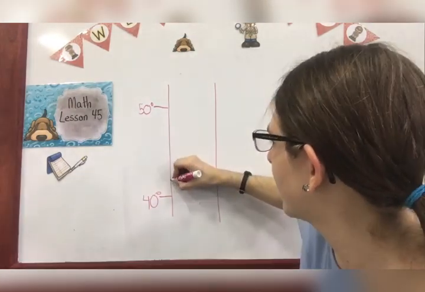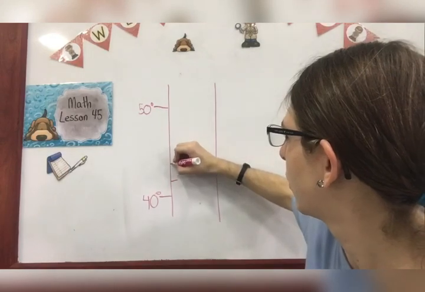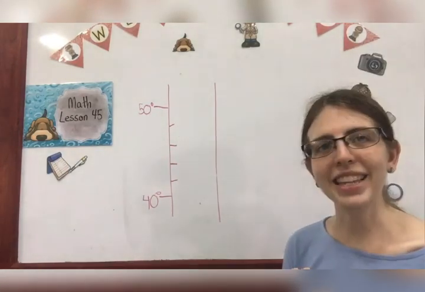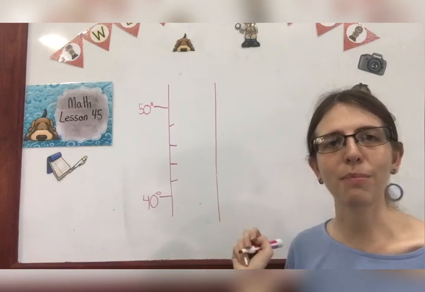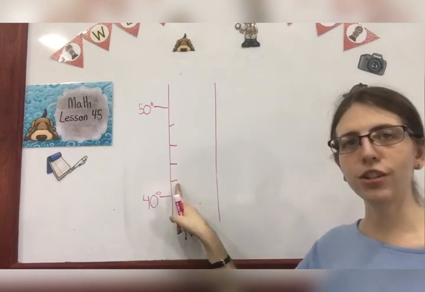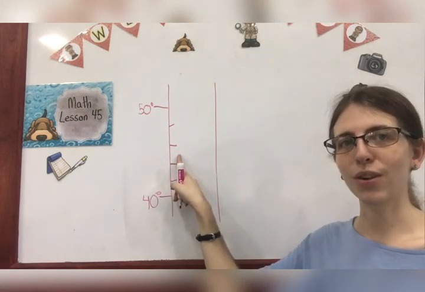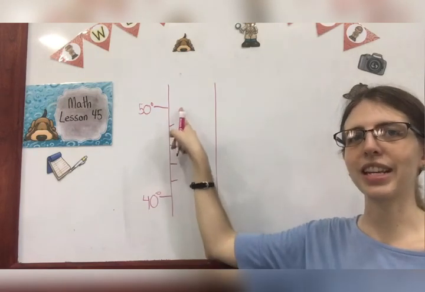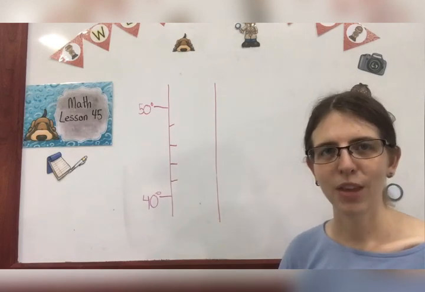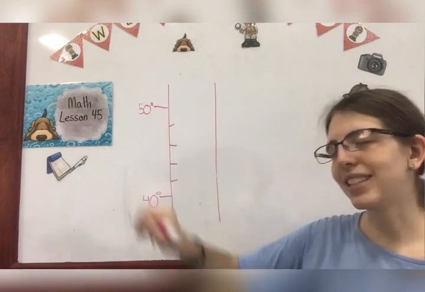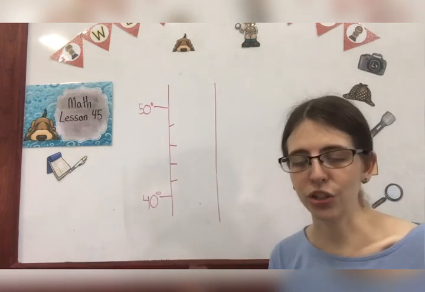But then it has marks in between. And these count by 2s, but these aren't marked. So this is 42 degrees, 44 degrees, 46 degrees, 48 degrees, 50 degrees. So the little marks in between your marks that count by 10 count by 2s.